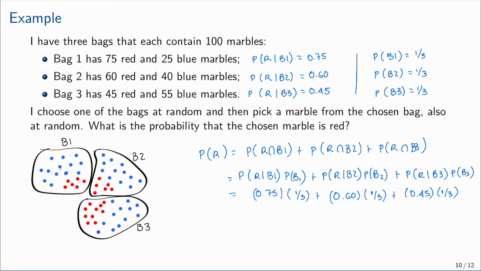If we do all these mathematical operations, we have that this is equal to 0.60.